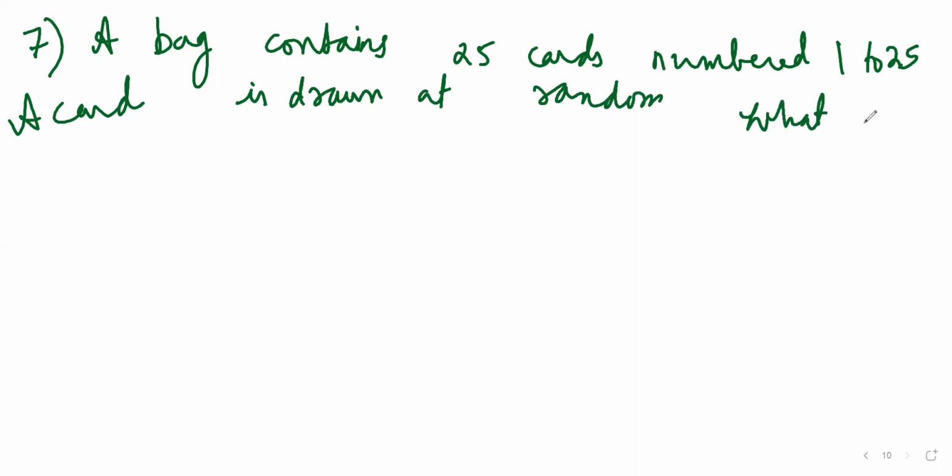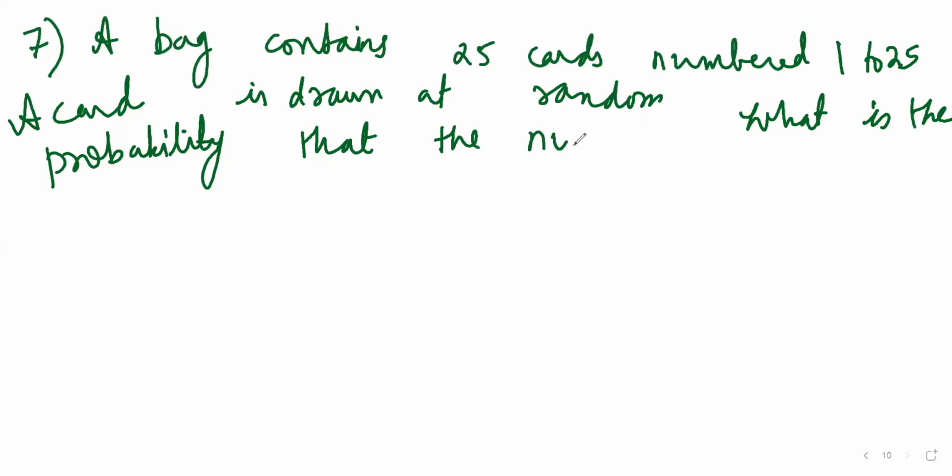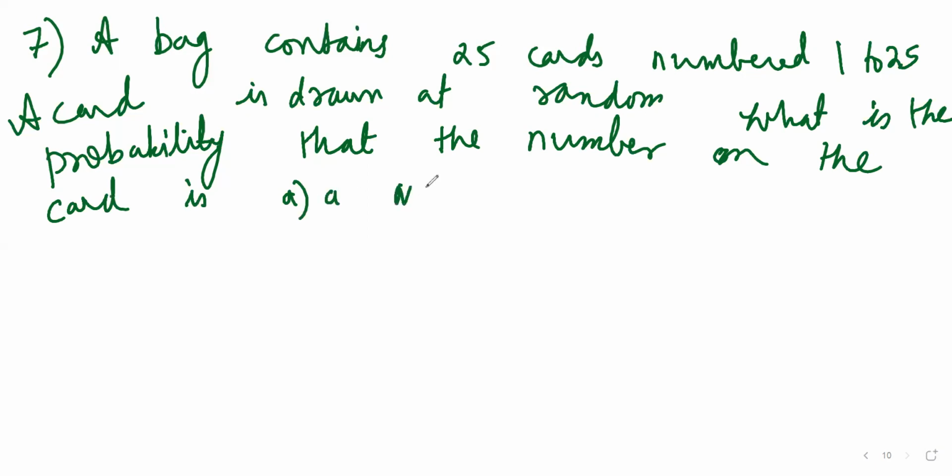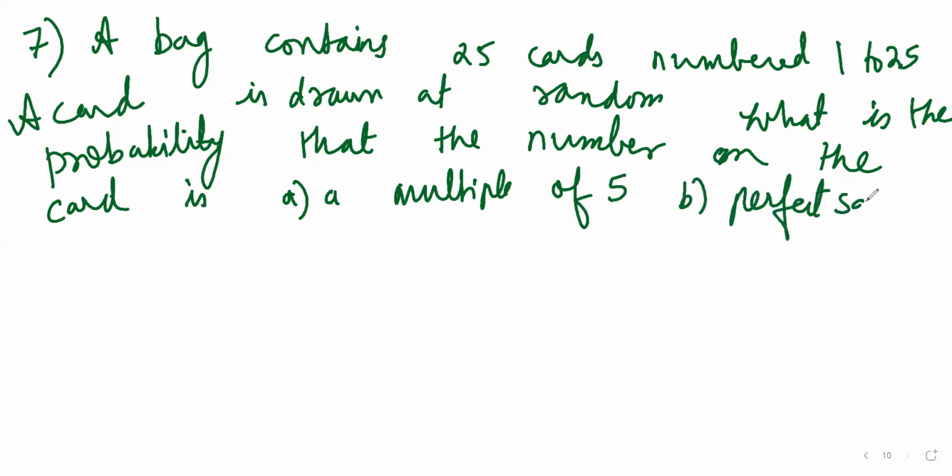What is the probability? So I told you probability is about chance, isn't it? That the number on the card is A, a multiple of 5, and B, a perfect square, and C, a prime number.